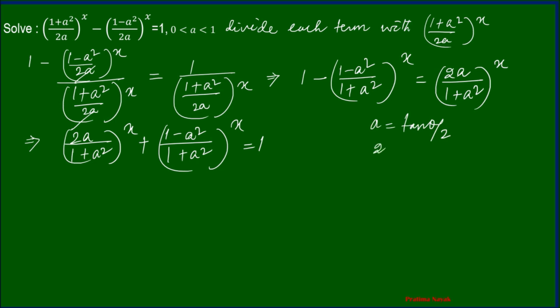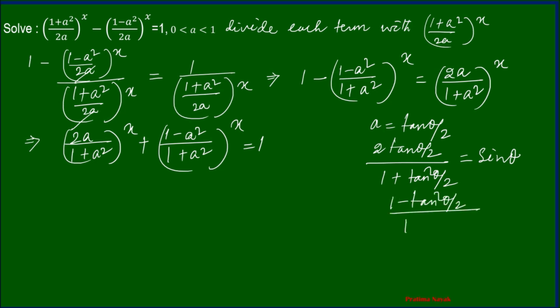One is 2 tan theta by 2 over 1 plus tan square theta by 2 is equal to sine theta, and 1 minus tan square theta by 2 by 1 plus tan square theta by 2 is equal to cos theta. So these two formulas are needed here, and you must be knowing or recalling this.